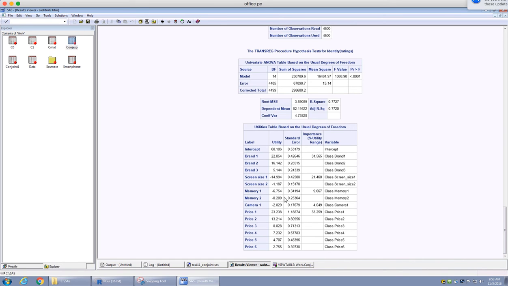Okay, now going into the memory size, I think we see a similar pattern. If you recall, memory size 1 was 32 gig, memory size 2 was 64, and memory size 3 was 128. It seems there's some preference for 128, but not too much over 64.